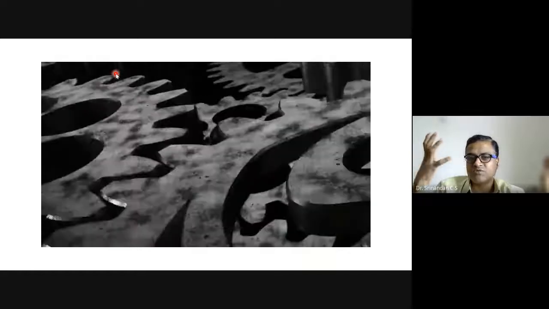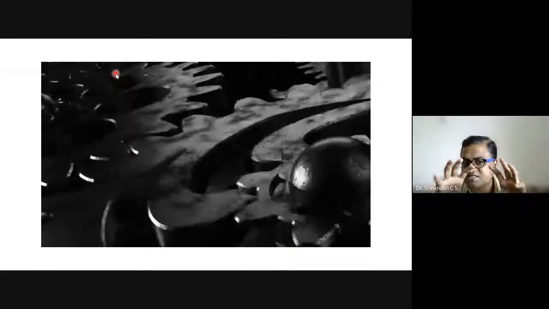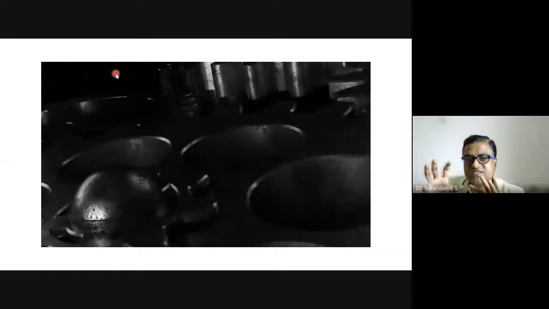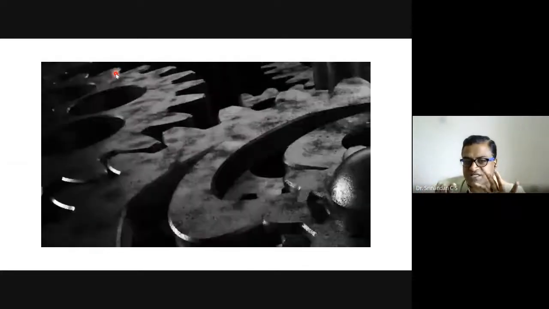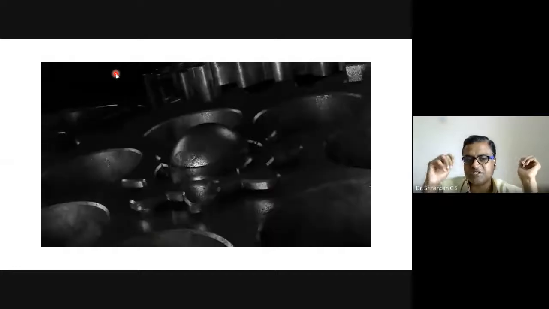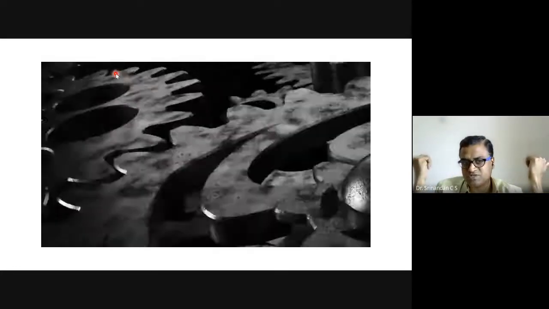For example, a simple watch or clock is also made up of cog wheels. Like that, it is a big network, and each and every organ system is connected with this cog wheel, and everything works accordingly. If there is some perturbation in some of the organs, then the whole system will be perturbed, and slowly there will be disease outcomes.